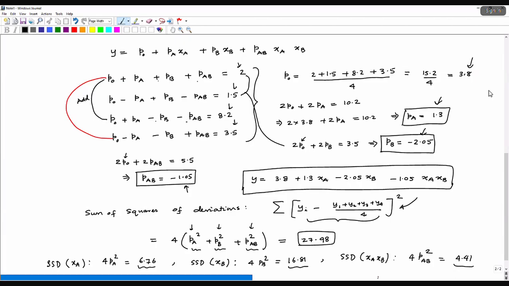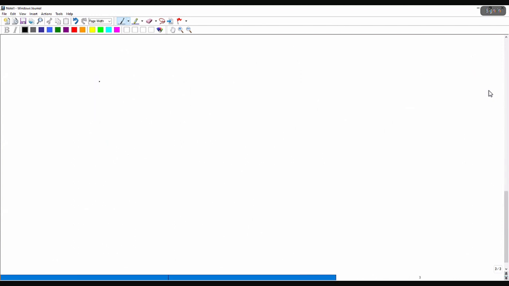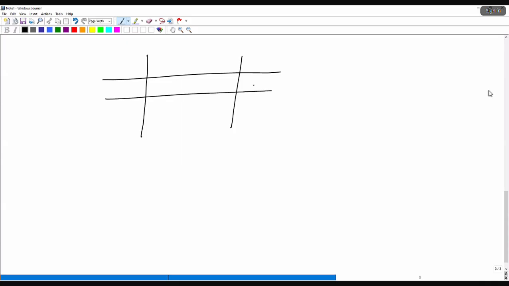So if I can now put them in a tabular form, I make a table. So this is SSD, that is sum square of deviation. I write the contribution, percentage contribution.